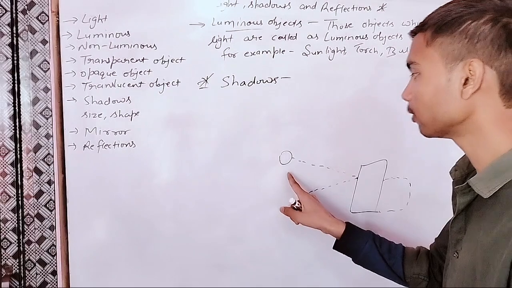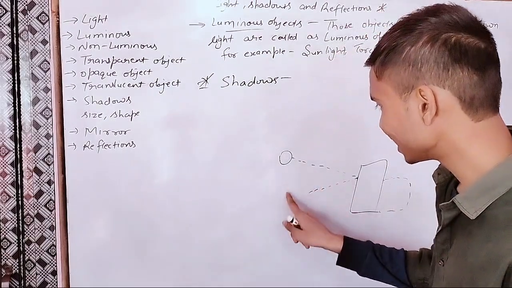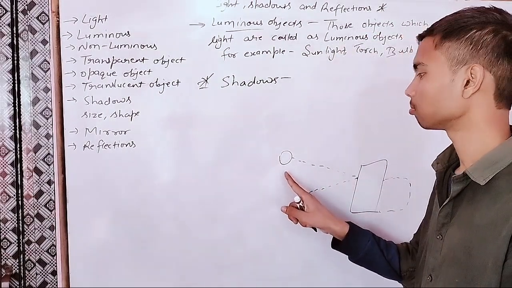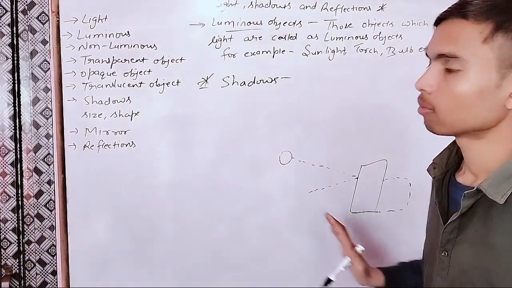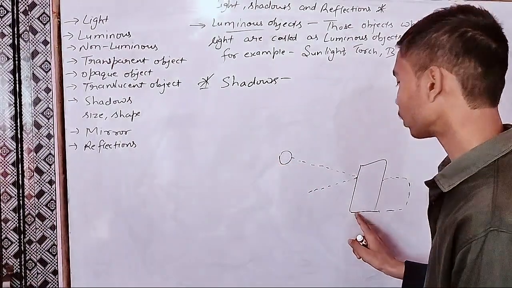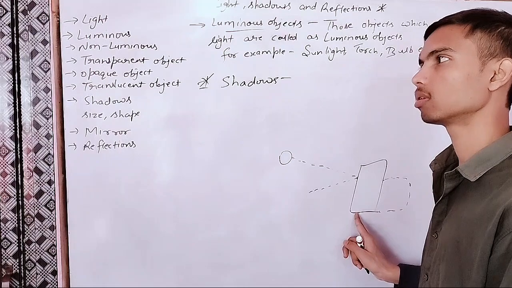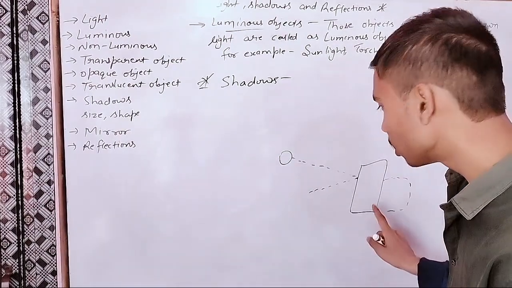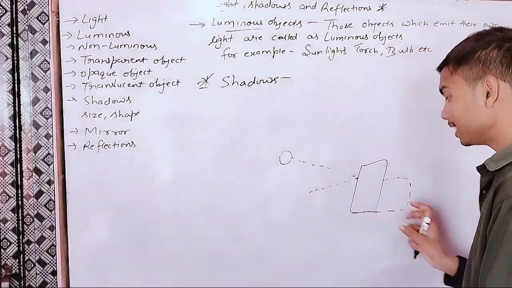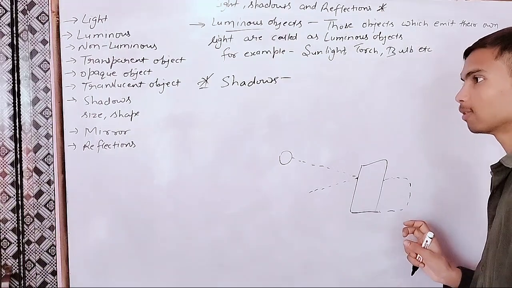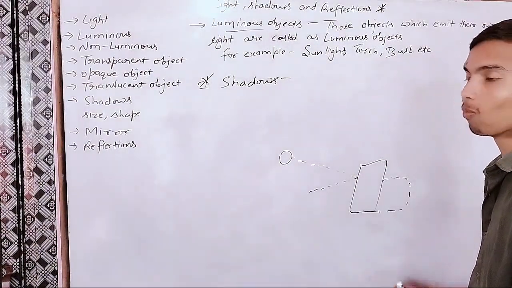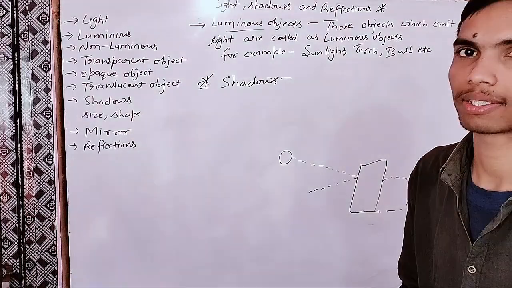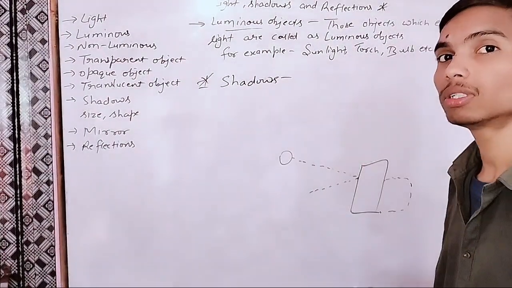Whereas if we put this source light far away in front of this opaque object, then we would see the formation of a shadow in a smaller size.